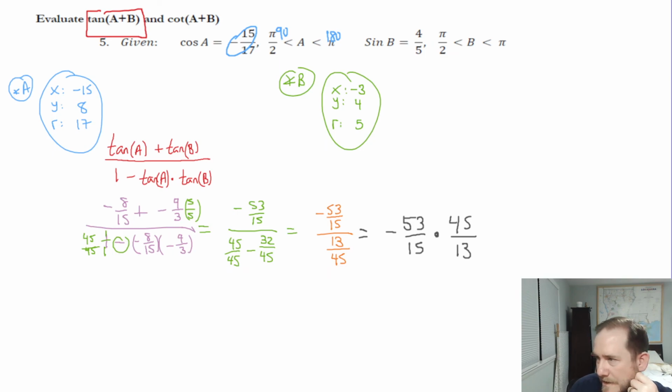Again, you should recognize that along this diagonal, we can actually cross-reduce a factor of 15. So dividing this 15 by 15 would just leave a factor of 1. Dividing this by 15 leaves a factor of 3. The 13 and the 53 pretty obviously cannot be reduced any further. So 53 times 3, negative 159.